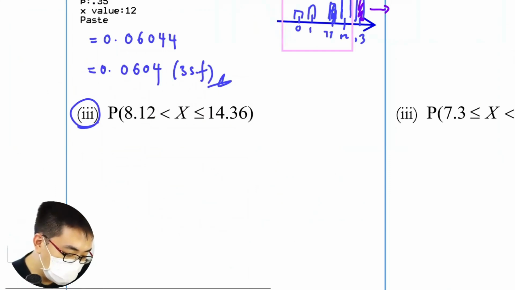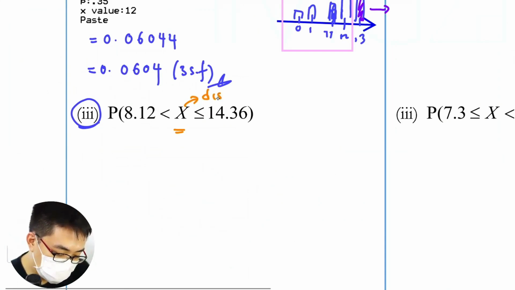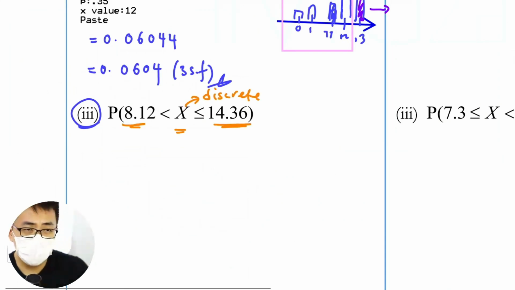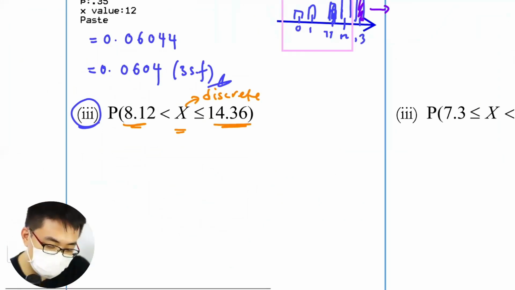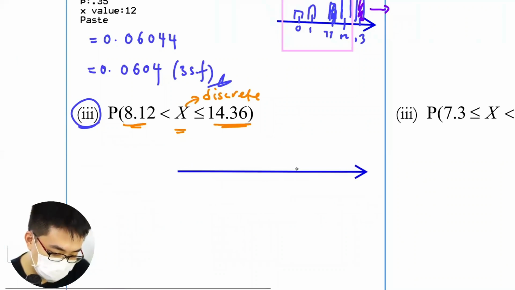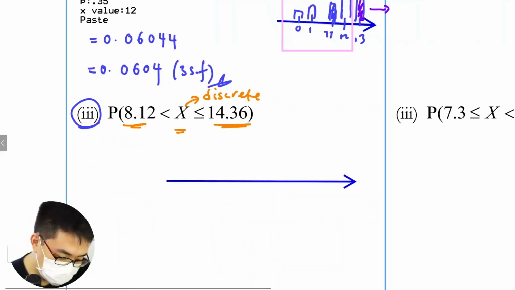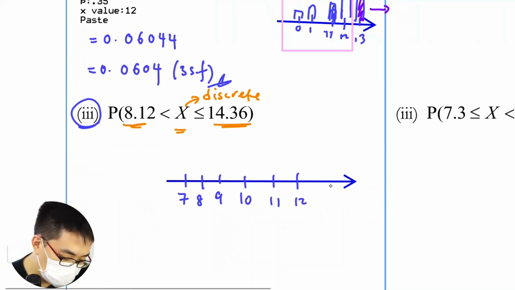X is discrete. This is important. Meaning you cannot have this one here. When it's normal distribution, if it's continuous, then you can just key in. But this is discrete, meaning you need to count to a discrete level. Then you just do this: 8, 9, 10, 11, 12, 13, 14, 15.